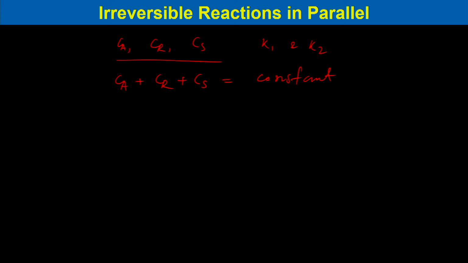So, if we know any two concentration profiles, then we can calculate the third concentration from the stoichiometric equation.